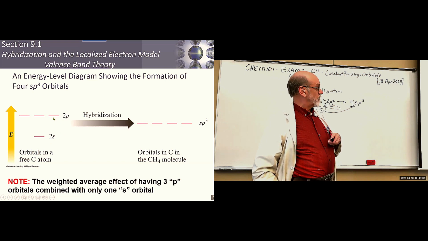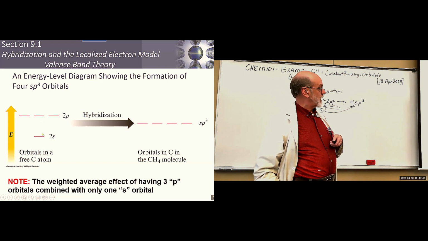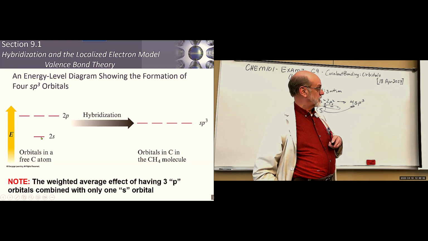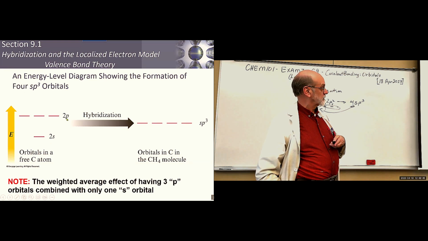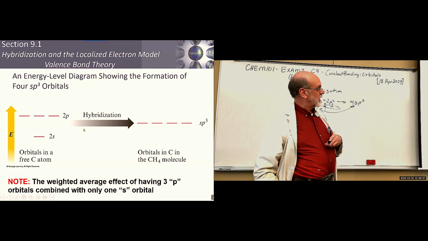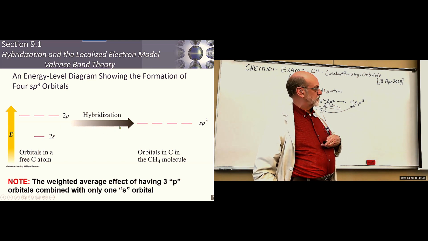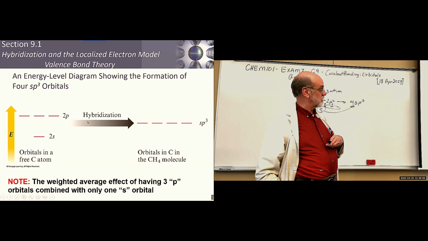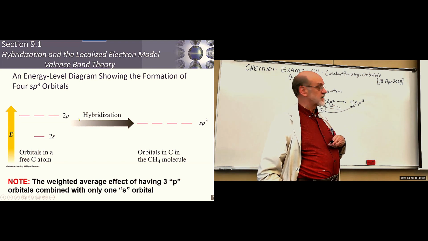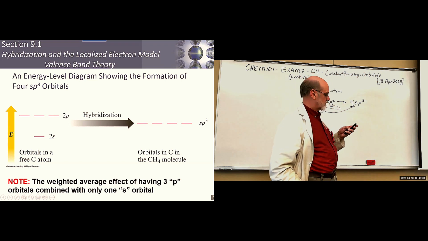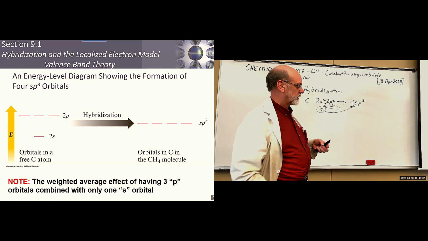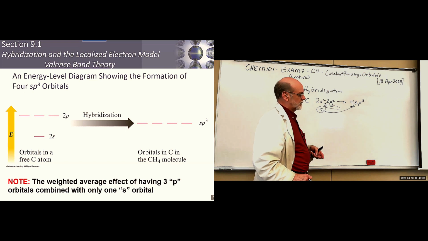What we can say, though, is that the p orbitals are higher energy than the s orbitals for the second period, and the hybridized orbital is somewhere in between. Since the p orbitals start off higher than the s, and there are 3 of them, the hybridized orbital is going to be closer to the p energy than it is to the s. That's about all we can say about it with any degree of accuracy.